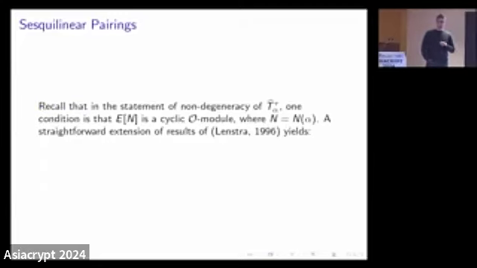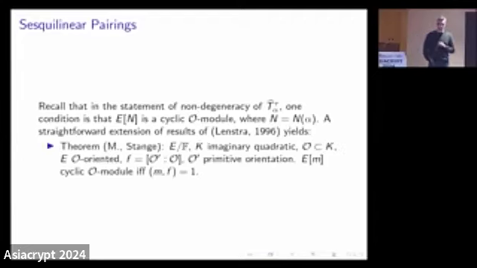So recall that in the statement of non-degeneracy we had just a moment ago, one of these conditions was that our chosen torsion subgroup, the N torsion, is cyclic as an O module, where N is the norm of alpha. And there's a fairly straightforward extension of some results of Lenstra that tell us that we can characterize when we have cyclicity in certain cases.